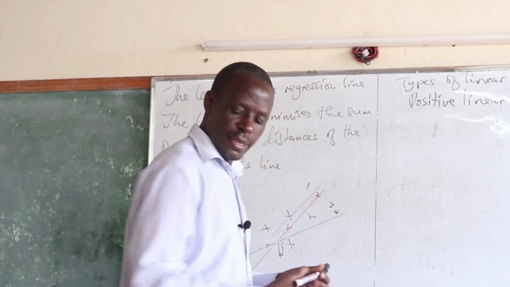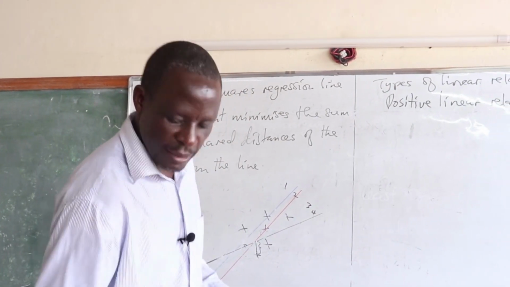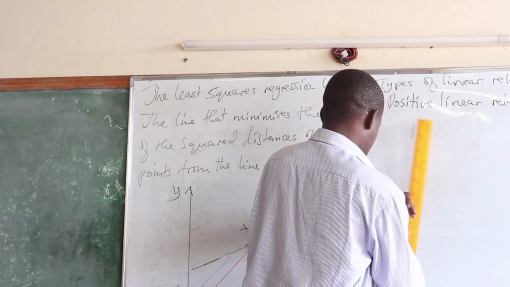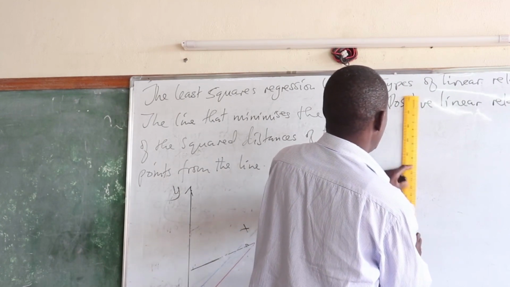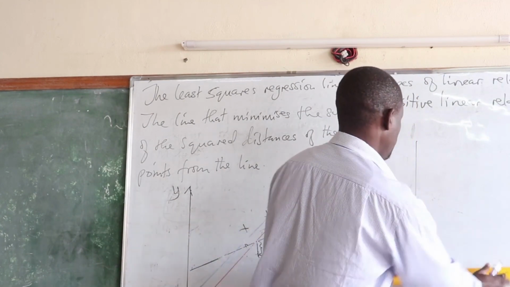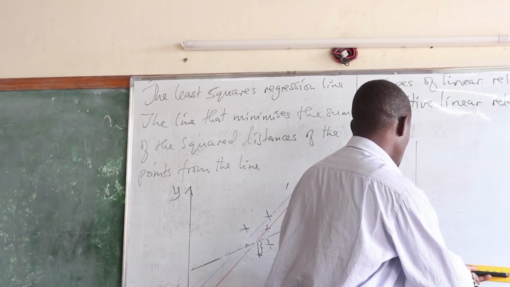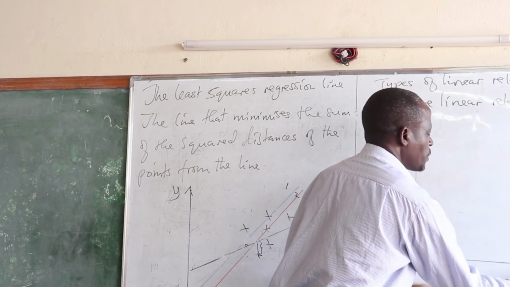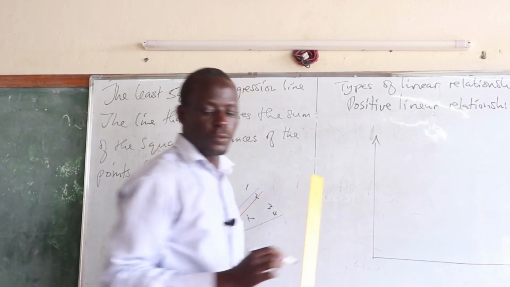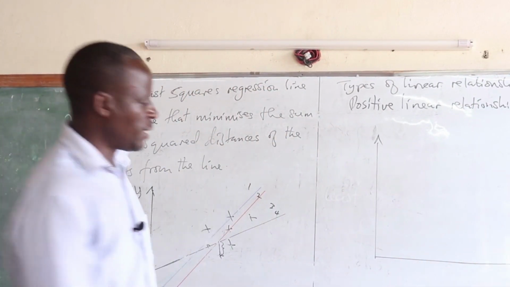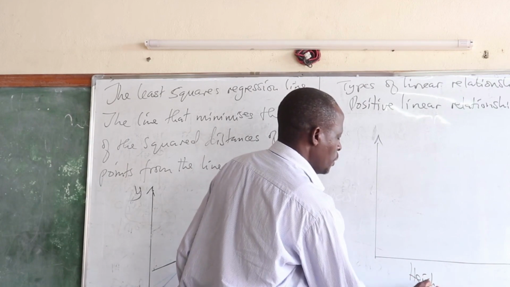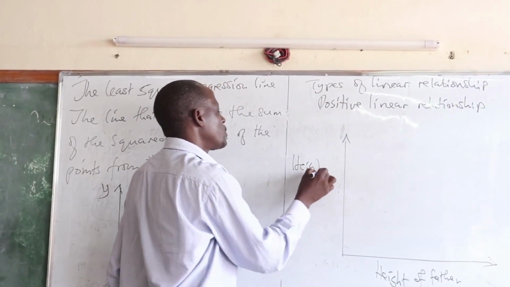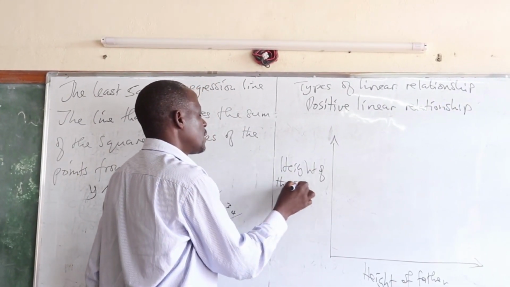So for example, if this is the height of the father, and then the height of the son.